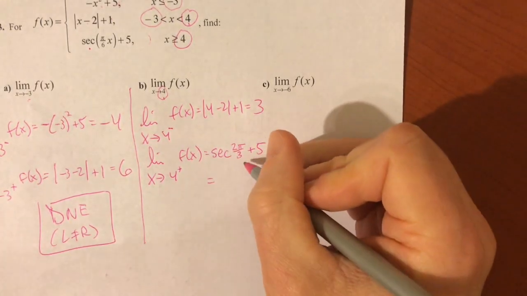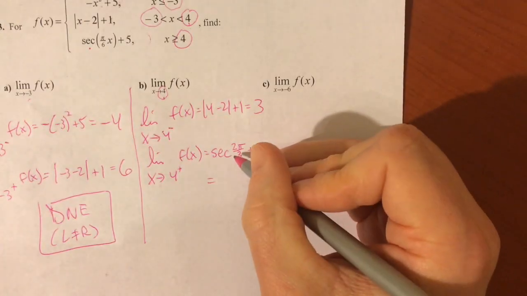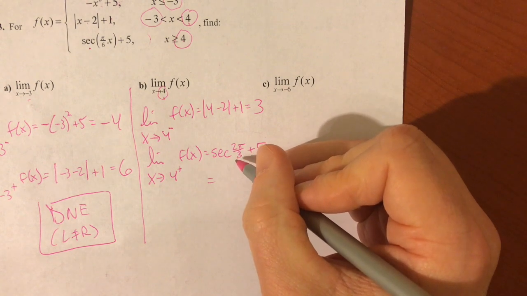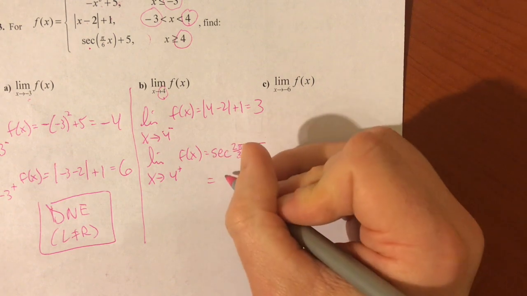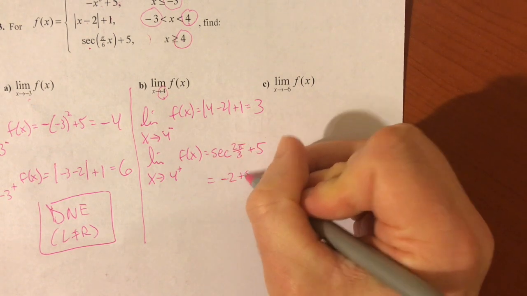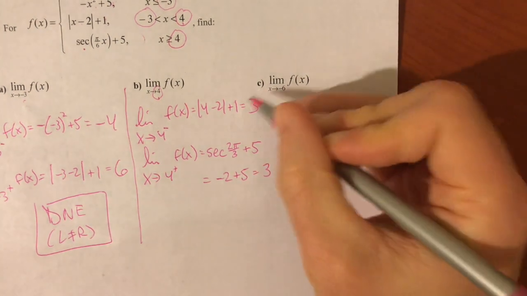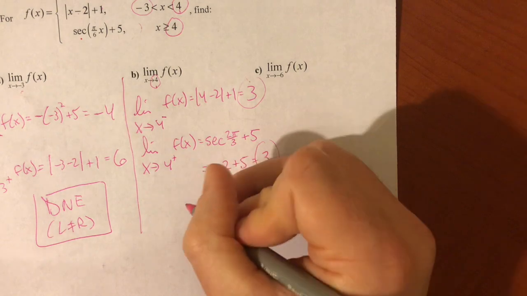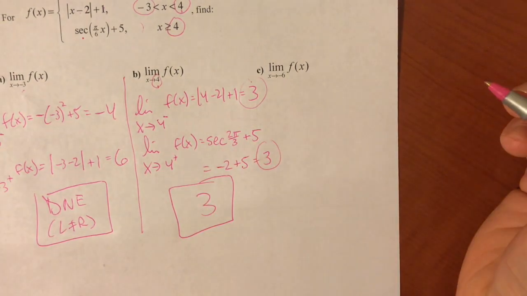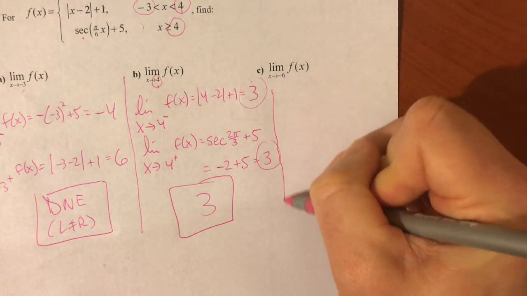And the secant of 2 pi over 3, remember that is the reciprocal of cosine of 2 pi over 3. Cosine of 2 pi over 3 is -1/2 because it's quadrant 2. So the secant of that is -2, plus 5 is 3. So that alone, nice little trig review there. They agree, so that's your answer, 3.